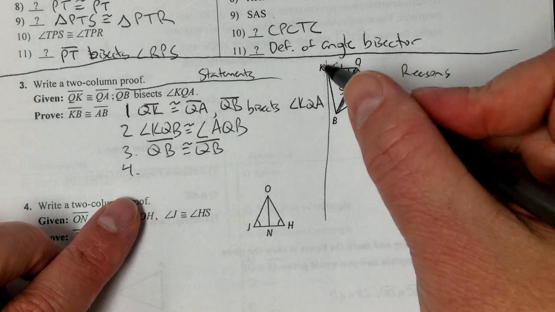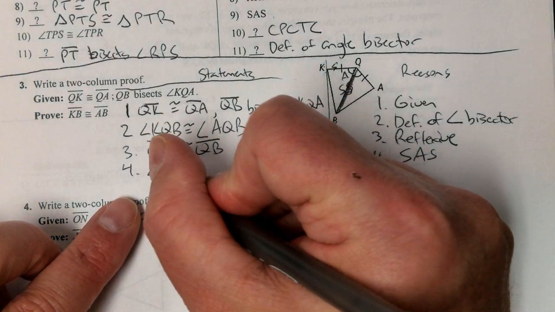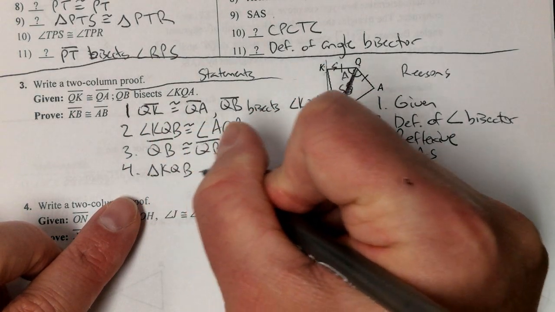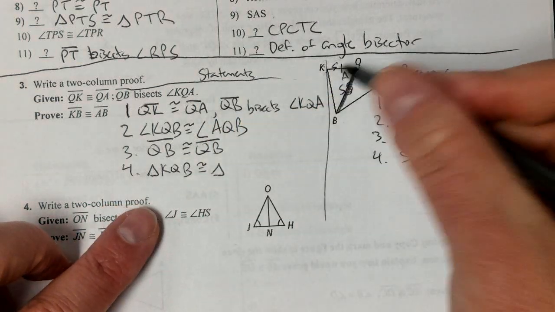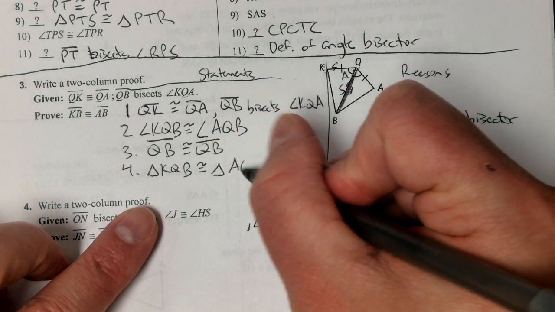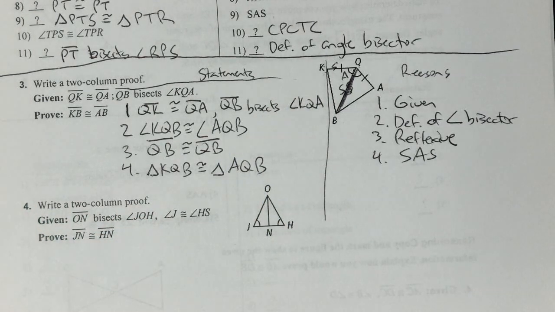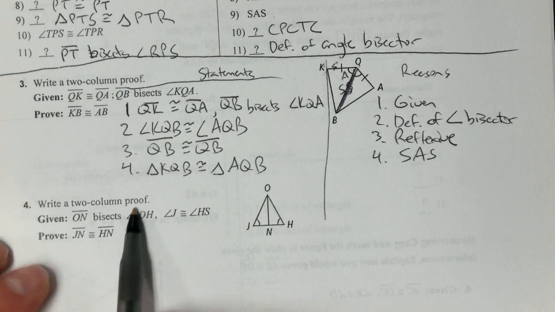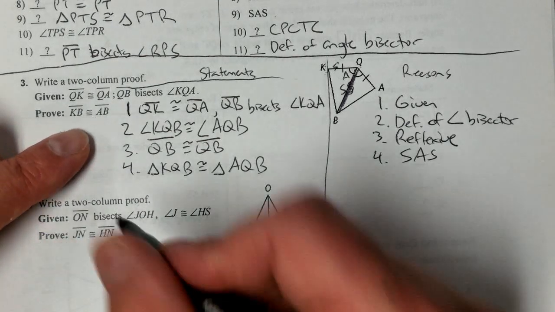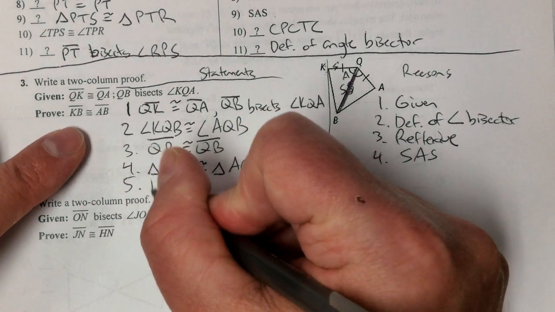I will label this triangle KQB this time, congruent to triangle AQB. Okay, so that looks like what we did a couple of lessons ago. And then the last part is we put this proof statement. That's how you know it's over.